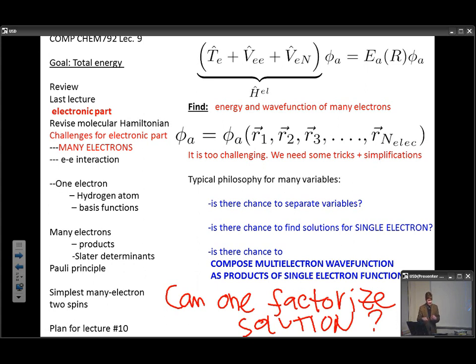So we are going to slowly address them, and basically it is what computational chemistry is doing. If we want to formulate the task of computational chemistry in mathematical language, it is the reliable way to represent a multi-electron wave function as a product of single-electron functions.